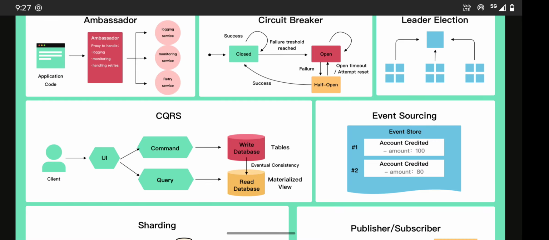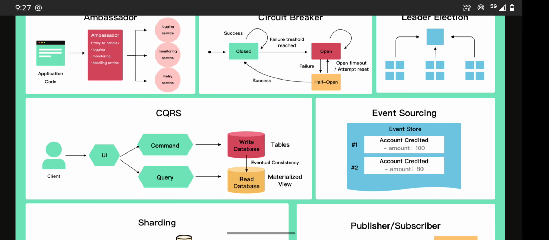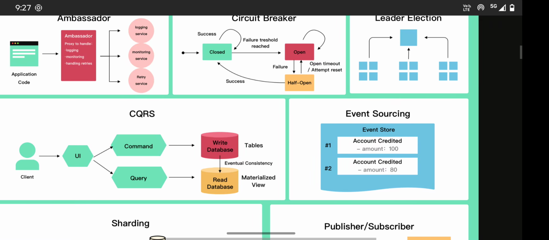So there are 3 states: open, half open, and closed. If it is not working and the maximum threshold is reached, just open the circuit and set an open timeout. Then you need to attempt a reset. You can go to half open and check the status, and if it's working, then completely close the circuit. That way you can use a circuit breaker mechanism. Try to understand the concept and scenario here.